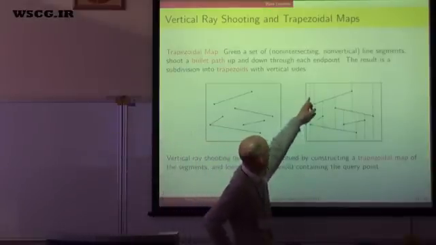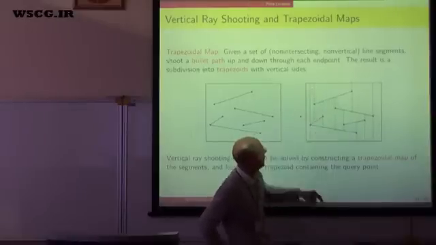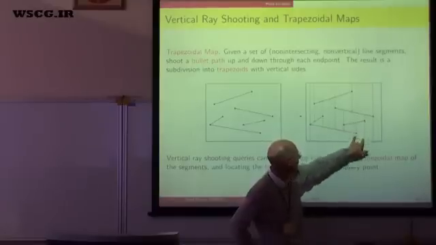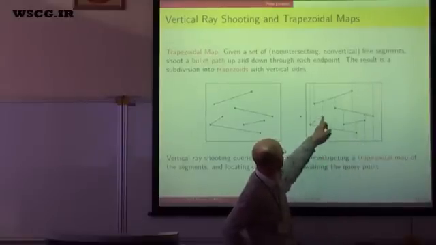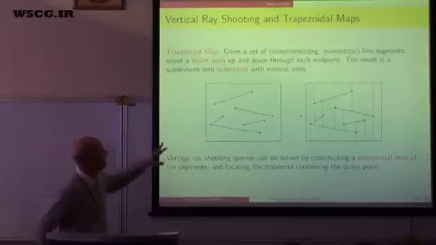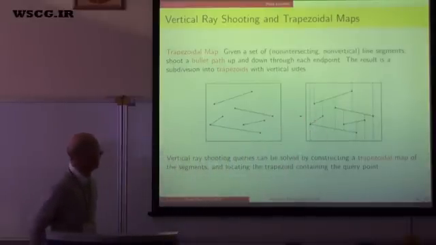For every vertex, I shoot a bullet path up and down until it hits a segment. This is going to break my region up into a collection of trapezoids, whose vertical sides are parallel to one another. These trapezoids could degenerate into triangles and things like that. This is called a trapezoidal map or trapezoidal decomposition.